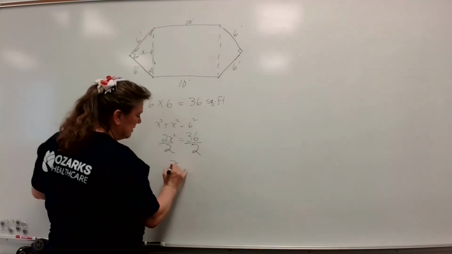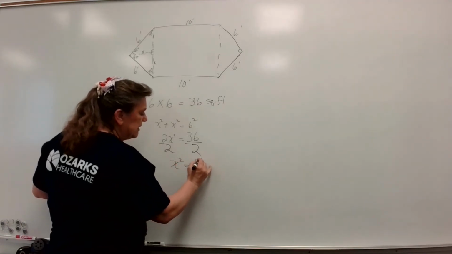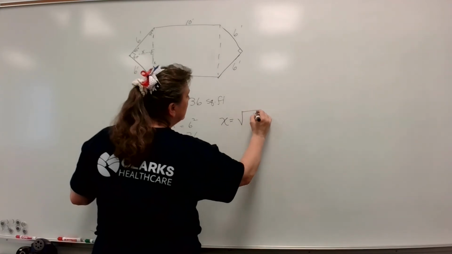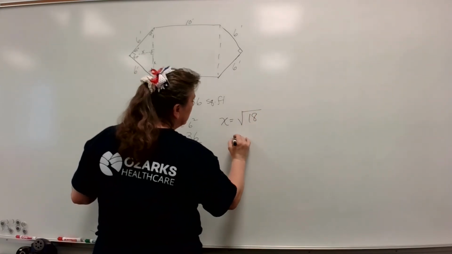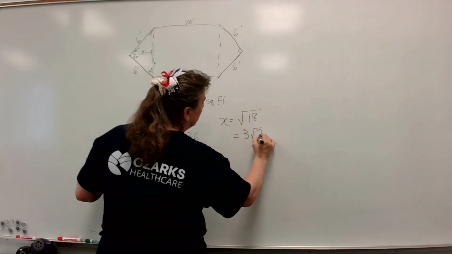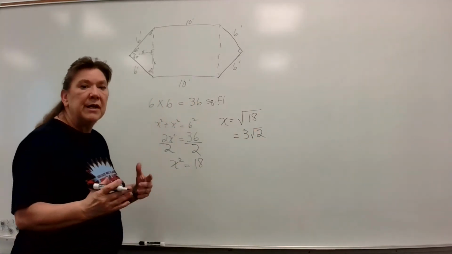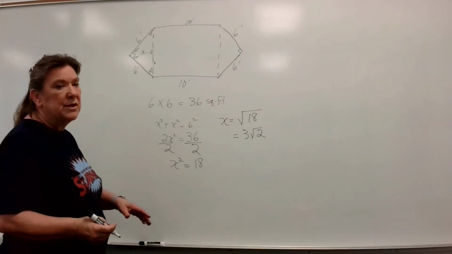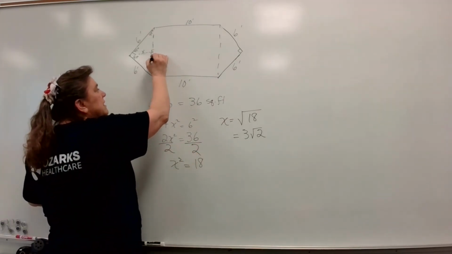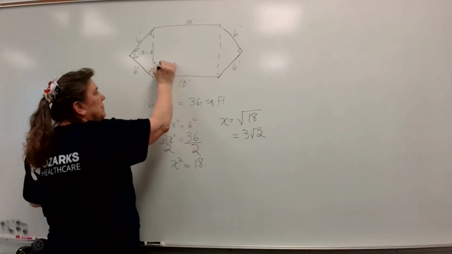So I have x squared is equal to 18. So my x is equal to the square root of 18, which is equal to 3 times the square root of 2, which we worked out at the beginning of this video. So you see, we're right back to that particular figure. So therefore, this x is 3 square root of 2.